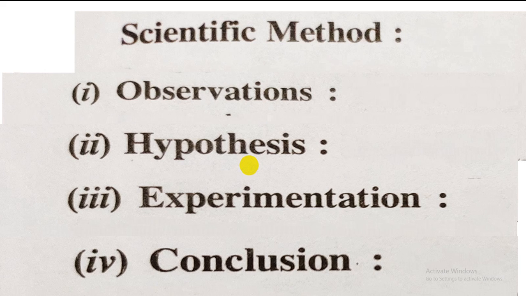Then it was proved experimentally that there is a force, the gravitational force, which attracts the apple towards the earth. Finally the conclusion came that the hypothesis is correct. So this is the scientific method by which we conclude every natural phenomenon.